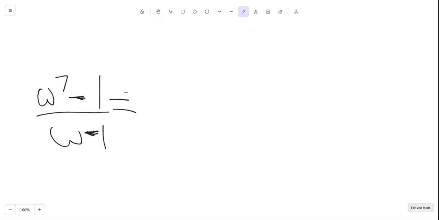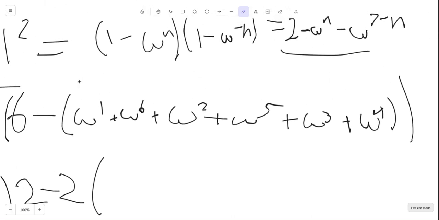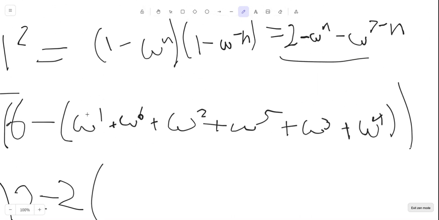Using an algebraic factorization, you would get 1 plus omega to the 1 plus omega to the 2 and so on. Using an algebraic factorization again, we get this sum, which we're finding right here, except for the one term.